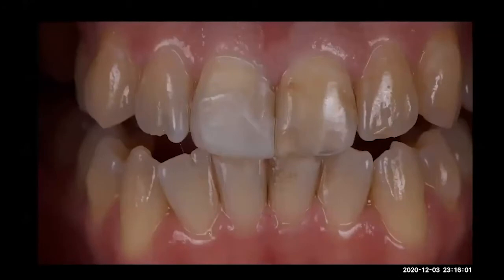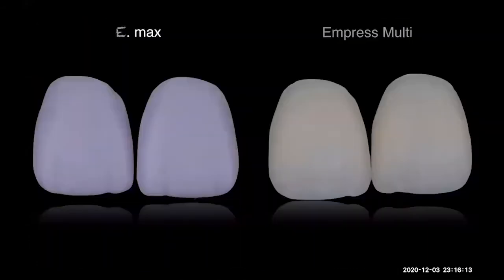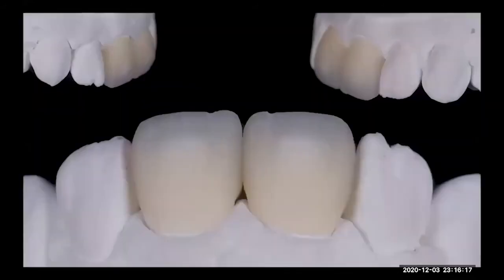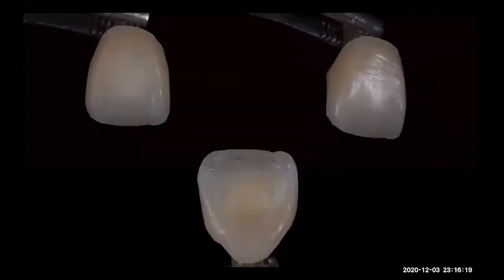And this is a nice case that we did using two kinds of technologies. We did CAD/CAM technology using two different materials, because I think it's important to understand what happens with each material. So we used Empress and we used IMAX CAD. And we did the same. We did the internal stain from inside the concavity.